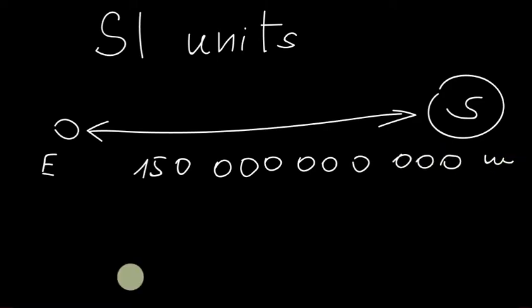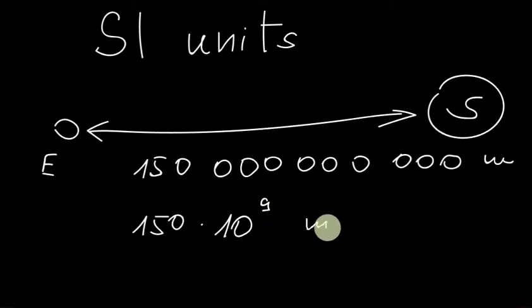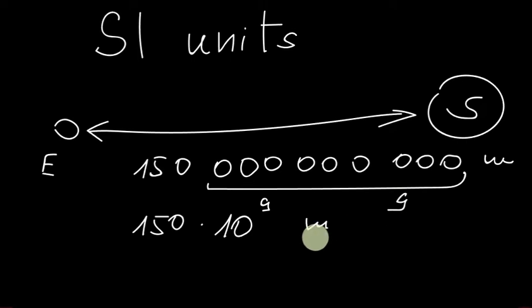You could also write it as 150 times 10 to the power of 9 meters, because we have 9 zeros here in total. However, it's still not very convenient to use. So we have prefixes that we can use. And the distance between the Earth and the Sun can be written as 150 gigameters.